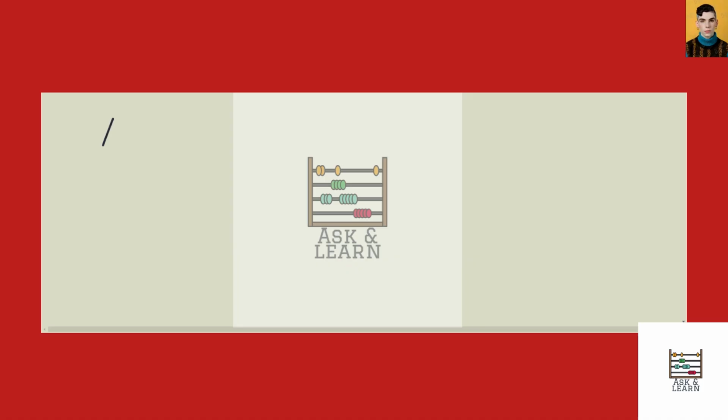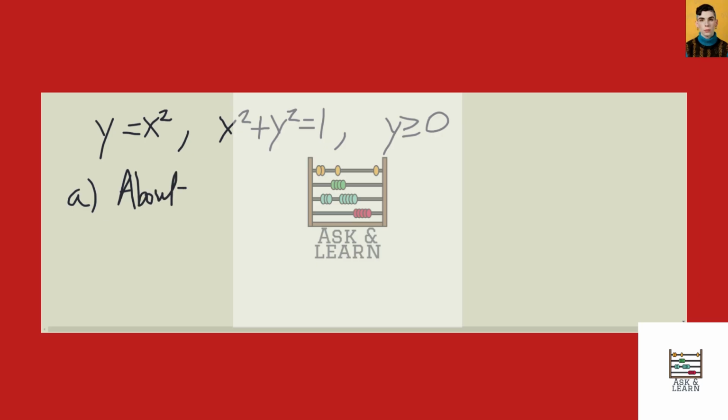The curves are y equals x squared, and x squared plus y squared equals 1, where y is greater than or equal to 0. This is going to be the parabola and the upper half of a circle of radius 1. And in part A, the line is about the x-axis.